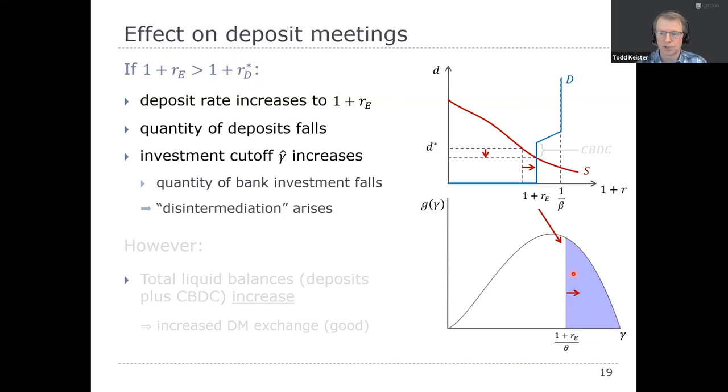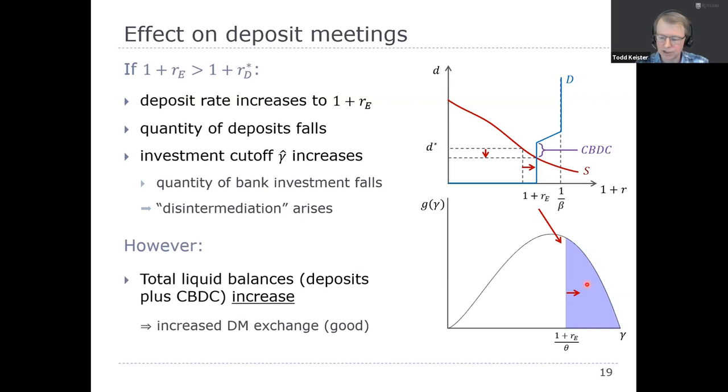The banking sector is going to shrink because the cost of funding has gone up and some projects that were previously viable are no longer viable. So that's kind of the negative side. The positive side, though, is that total liquid real balances, bank deposits plus CBDC held by these buyers, goes up, right?